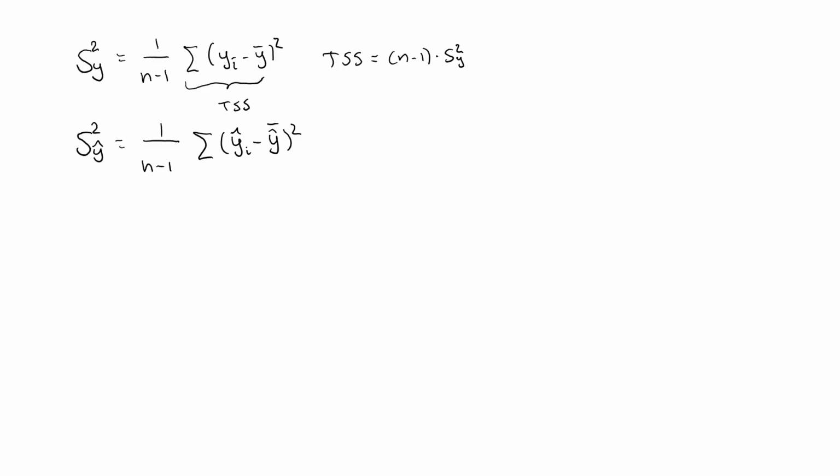That's the definition. But we already know from a previous result that the average of the fitted values is precisely the same as the average of the y data. So I can just replace this with y bar. And this part here is then my ESS. So again, multiplying by n minus 1, ESS is n minus 1 times s squared y hat.